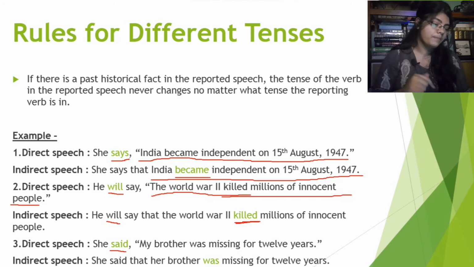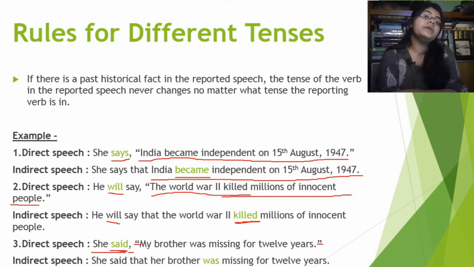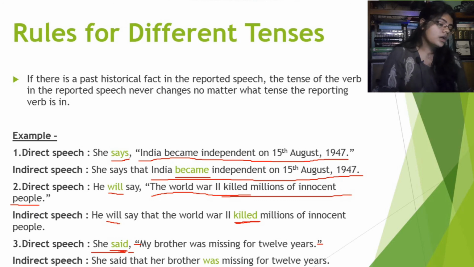See, this is what happened here. "She said" will be "she said," comma will be "that," inverted commas will disappear. But the fact that the reporting verb is in past tense will not matter at all, because "my brother was missing for 12 years" is a historical fact.